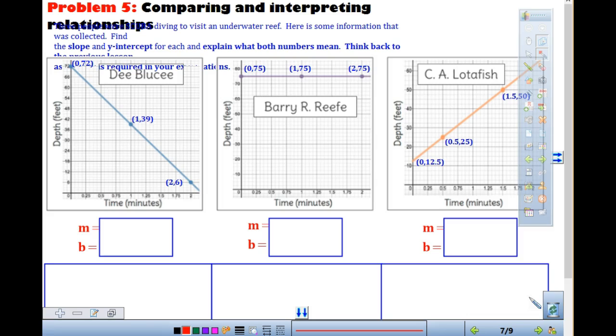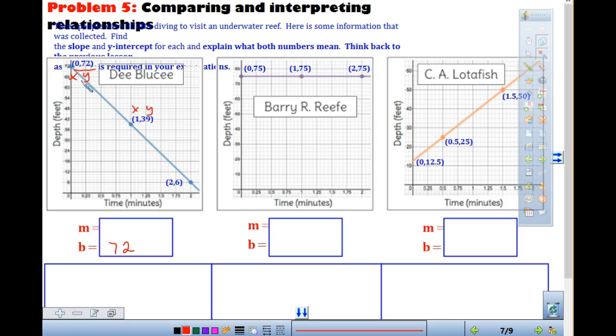So, could we find our y-intercept? 72, right? Can we find our slope? Does it matter which x, y you use? Nope, x, y, x, y. Do we want to use 0, 72 or 1, 39 or 2, 6? Which 2 points?